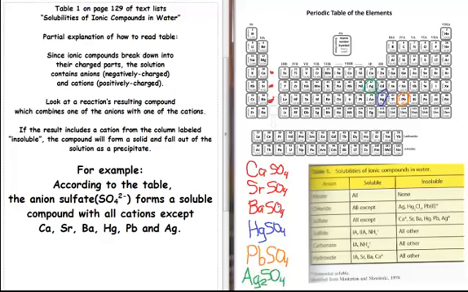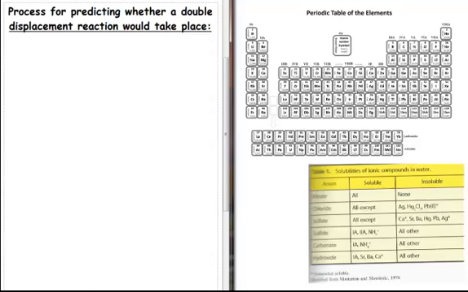You may find it helpful to rewrite Table 1, listing out the completed compounds that they are explaining to you in the table. Makes it a little easier to analyze the problems that you're going to be doing in the exercises. It's always nice to have a plan when you go in to solve problems like this. So here's a process for predicting whether or not a double displacement reaction would take place.